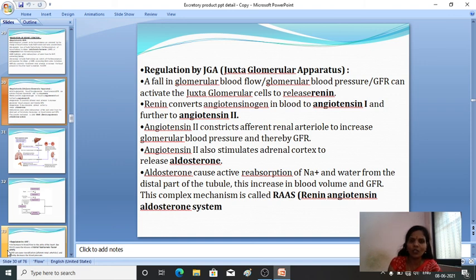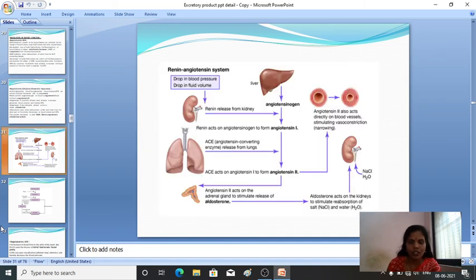So what will it do? It generally helps in increasing the blood volume and also the glomerular filtration rate, and it forms a complex which is commonly known as the renin angiotensin aldosterone system. So here you can see that when this renin is released, angiotensinogen is converted into angiotensin 1 and angiotensin 2.